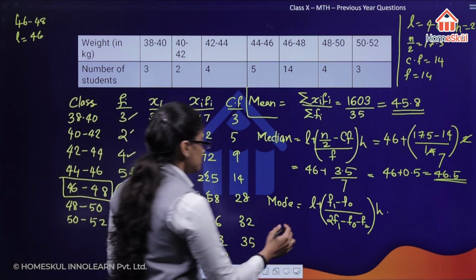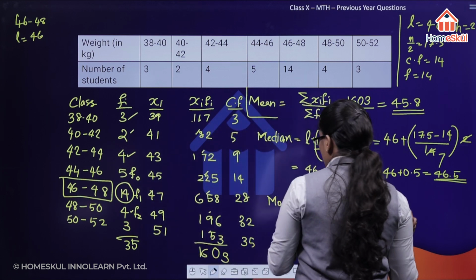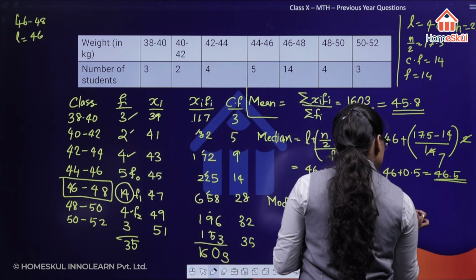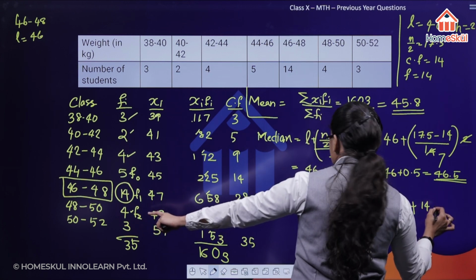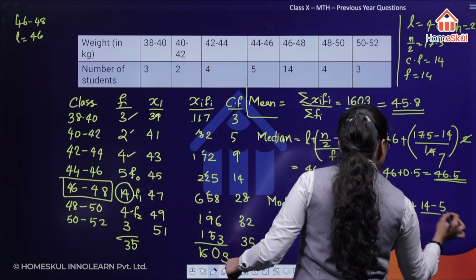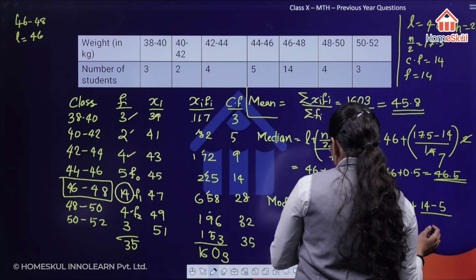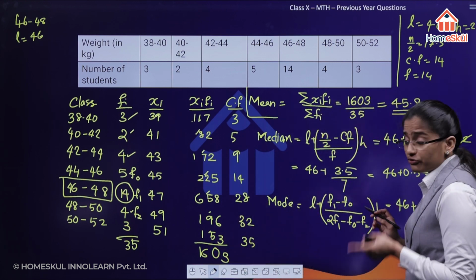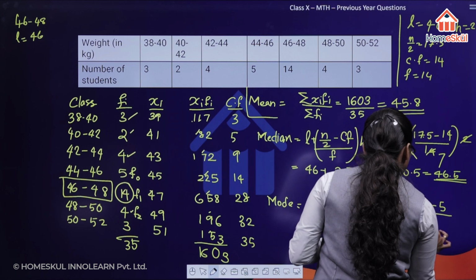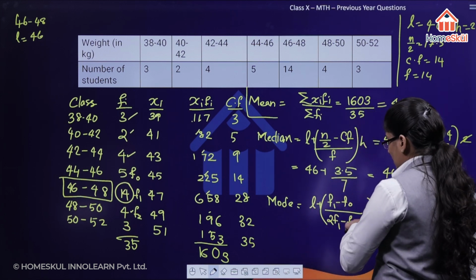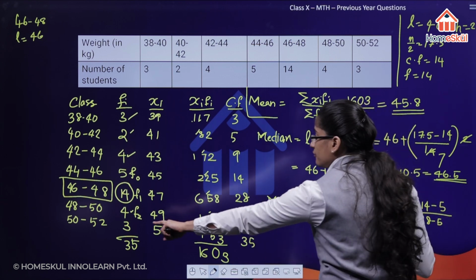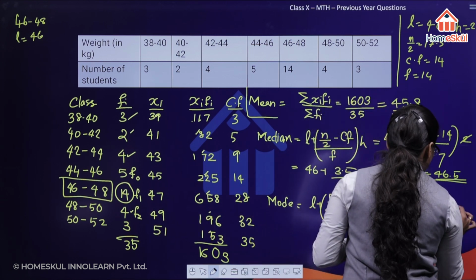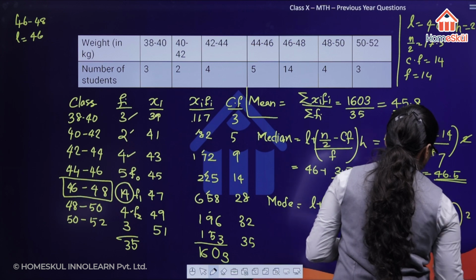So substituting the values, we will be getting L, the lower limit of the modal class, that is 46 itself, plus F1 is 14 minus F0 is 5, divided by 2 times F1, that is 2 times 14, which will be 28, 28 minus F0 is 5, minus F2 is 4, into 2.